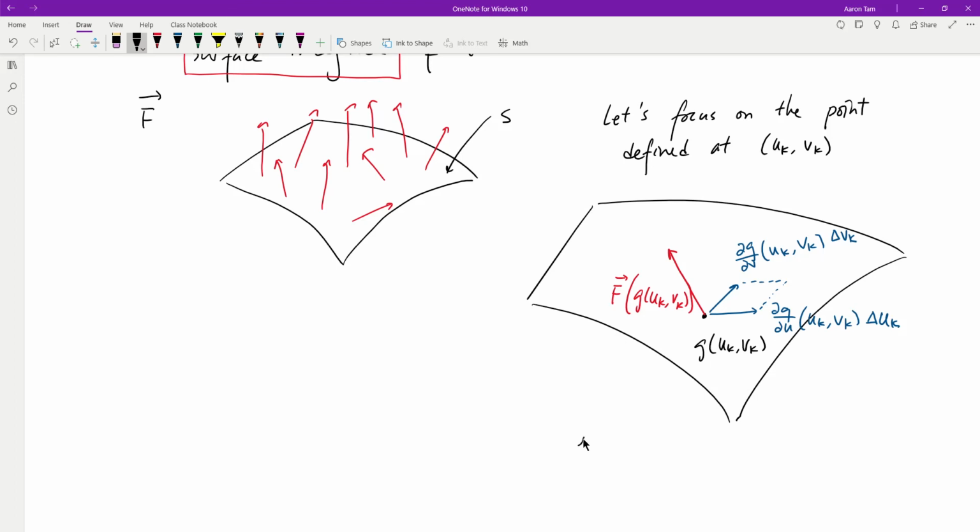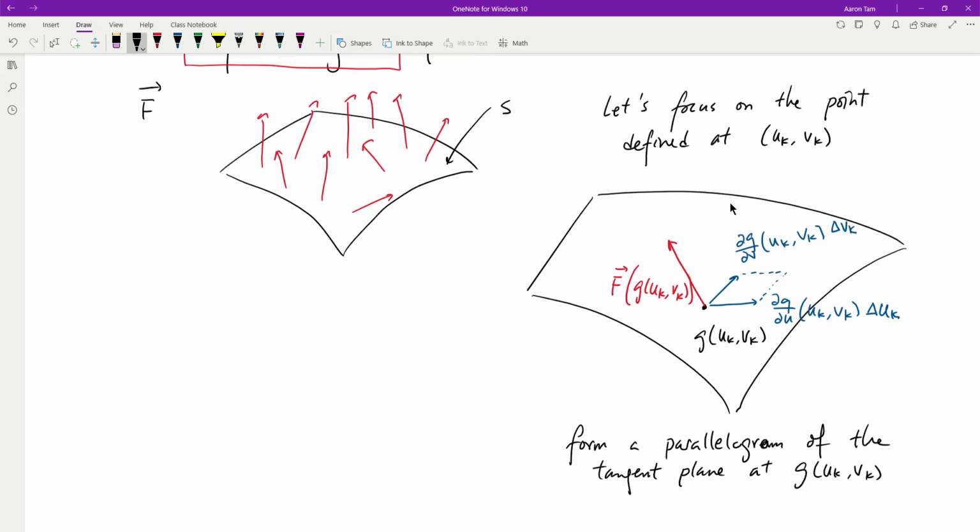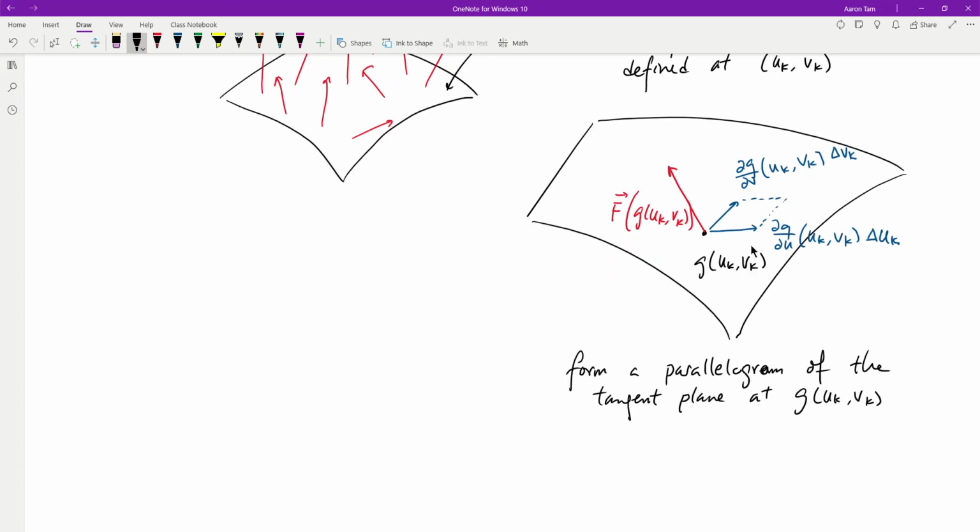Okay, so we're going to form a parallelogram of the tangent plane at the point g of u sub k, v sub k. And that parallelogram will be formed by these two tangent vectors. So now, why do I want to do that?